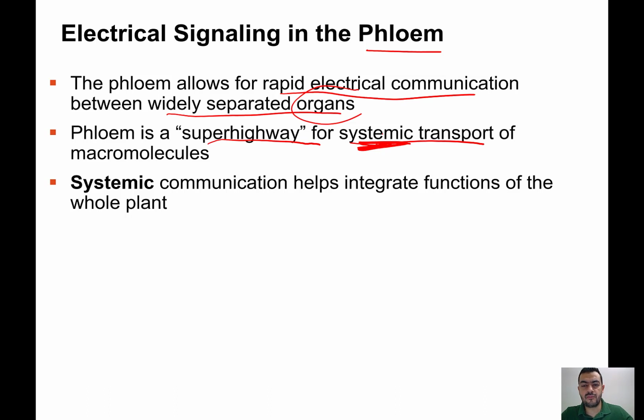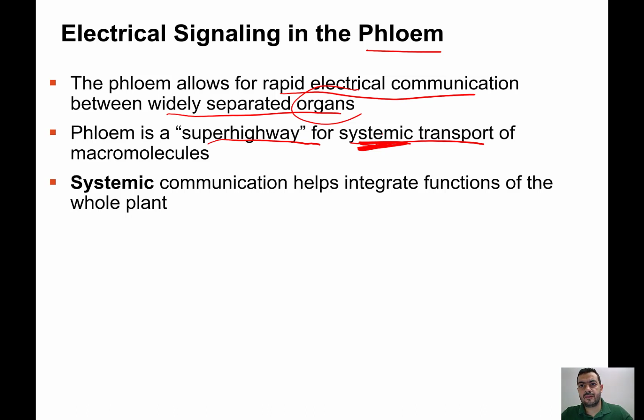So the phloem can be considered as a circulatory or nervous system that allows communication between the different parts of the plants, allowing them to integrate their functions together as one single organism, rather than being just isolated cells without any type of communication.